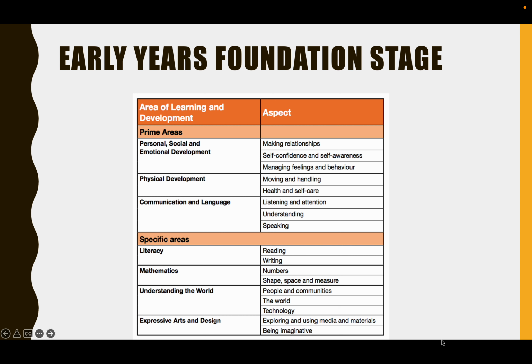If we take the first area of learning, for example, personal and social emotional development, you can see that that area of learning is actually broken down into 3 aspects: making relationships, self-confidence and self-awareness, managing feelings and behavior. So those 3 aspects make up that area of learning.